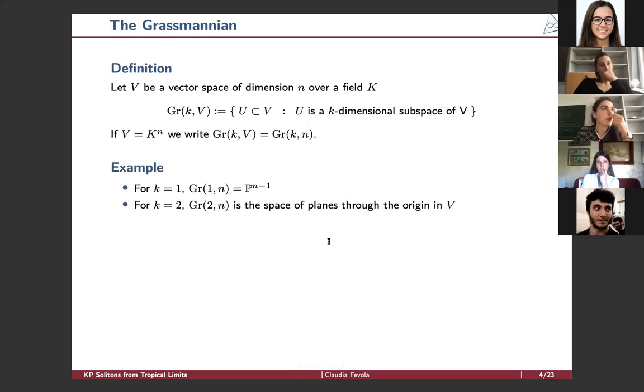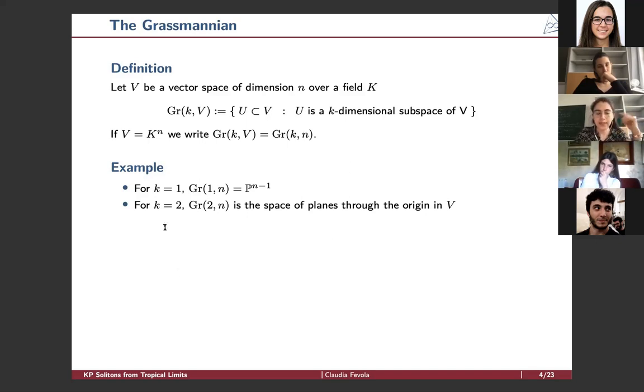We now want to introduce a new type of solution to the KP equation. To do that, we need to make a step back to introduce the Grassmannian. The Grassmannian is defined starting from V, a vector space of finite dimension n over a certain field K. The Grassmannian Gr(k, V) is the set of all subspaces of V which have dimension k.